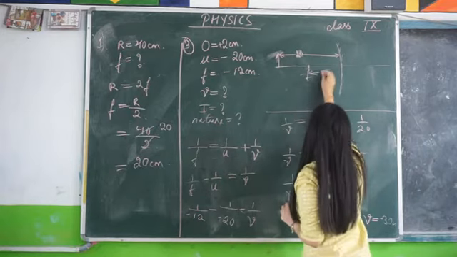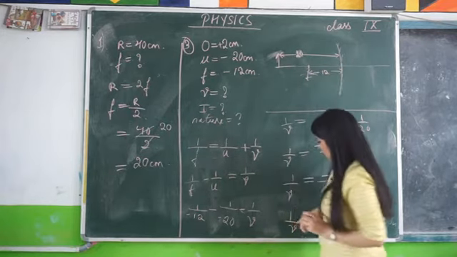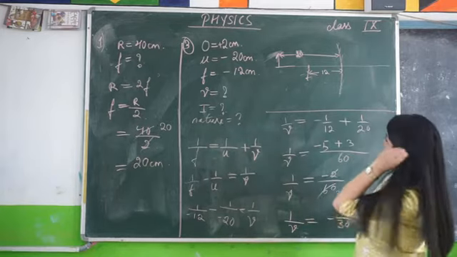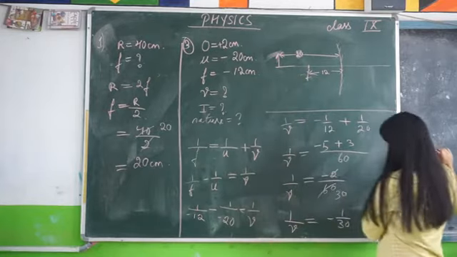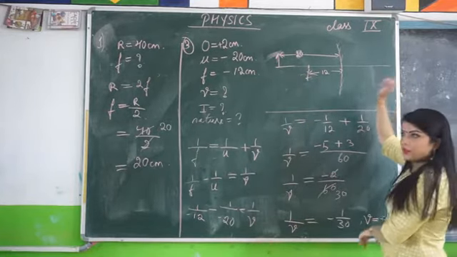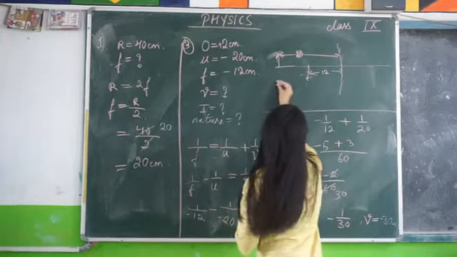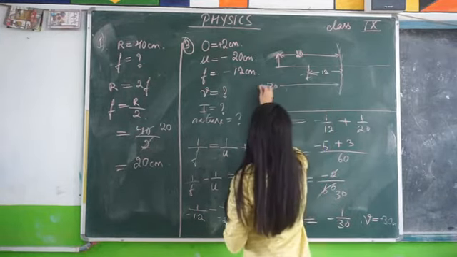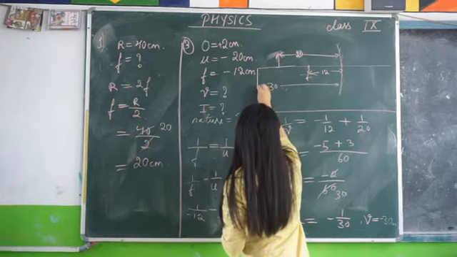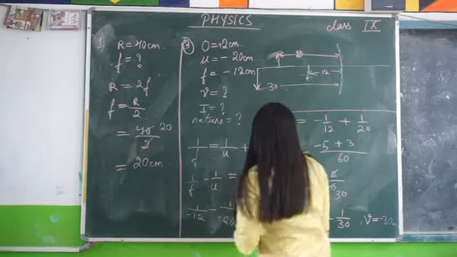This distance is 12, and your image distance is minus 30. Minus means it is on the left side of the mirror. If it comes positive, then it will be behind the mirror. So minus 30 on this side of the mirror. The image will be somewhere here.